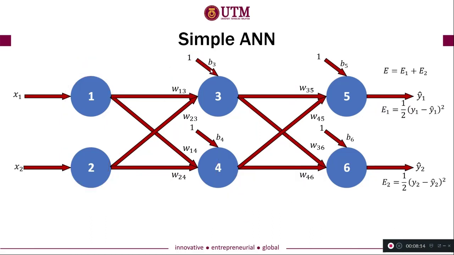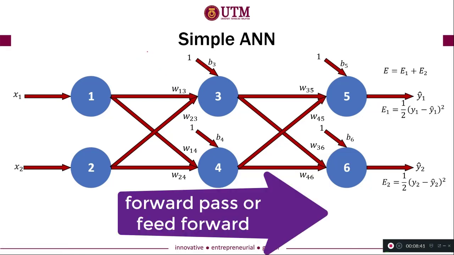Then of course from here you can express the error, or the cost function, for each and every output. Once you're given the x, you compute all of this, and this is what we call a forward pass.